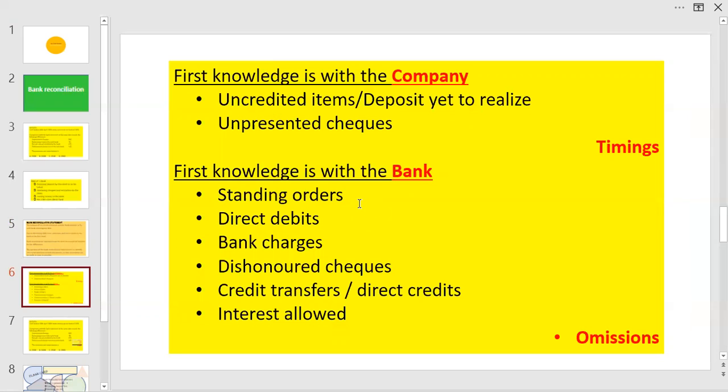But the bank will do that only if the funds are available. So until we receive the statement, whether the bank really made that payment or not will not be known to us. Other examples are bank charges, direct debits such as interest.